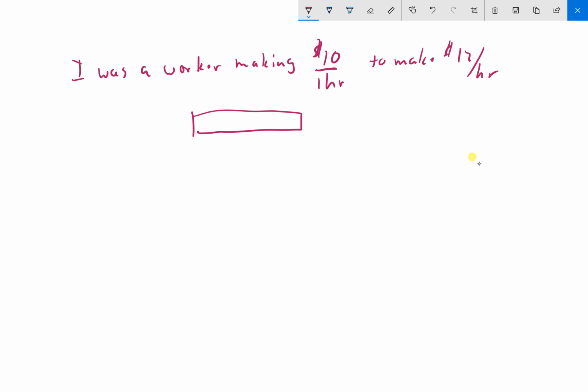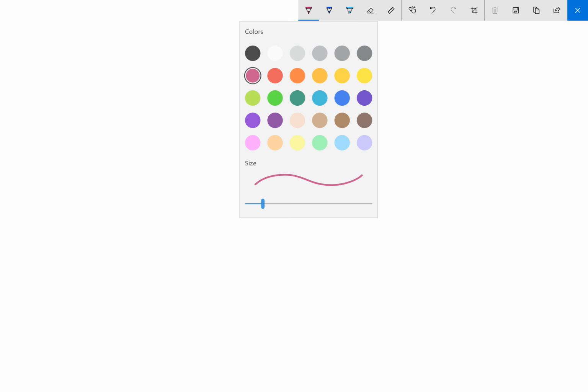I'm getting $10, and that's 100%. But now I want to know, how much would $12 an hour be? Oh, that's not true. I'm sorry. This example is completely awful. Ignore everything I just said.